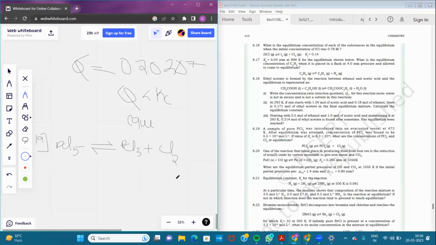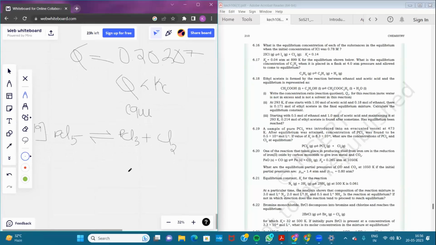As only PCl5 was introduced into the vessel initially, we'll just directly take the value at equilibrium itself, 0.05, that is 0.5 into 10 power minus 1. We'll take this as x. This is also x.